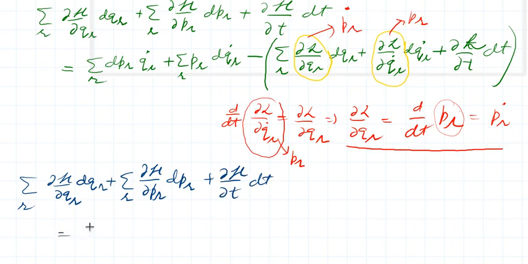It must be equal to summation over R dPR QR dot, plus summation over R PR dQR dot.